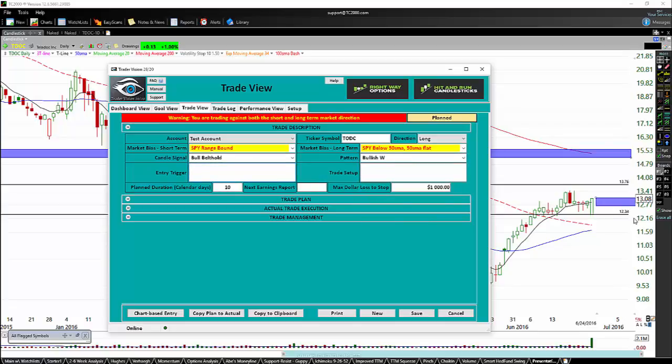My entry trigger is going to be that buy box, which I believe I said was 1270 to 1310. And my trade setup description is a belt hold on Brexit.